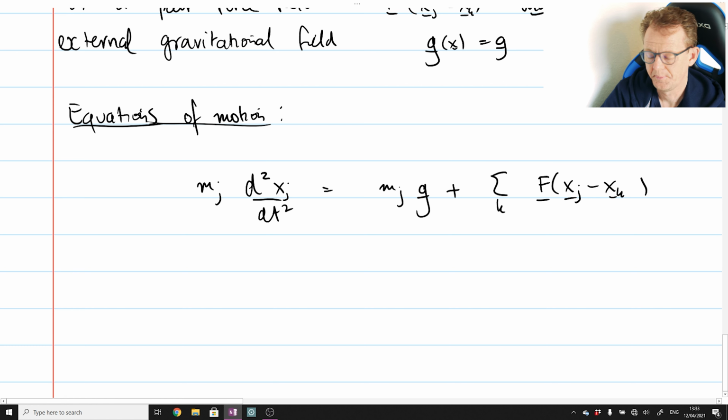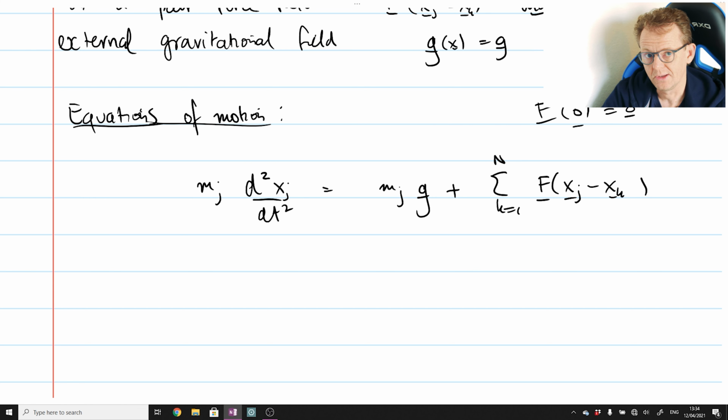Right, that's Newton's second law. k runs from 1 to n, and we just assume that F of 0 is 0, just to make this work out nicely. So there you go, look at Newton's second law, right? I can certainly see the gravitational term right there. It's the first thing on the right-hand side.